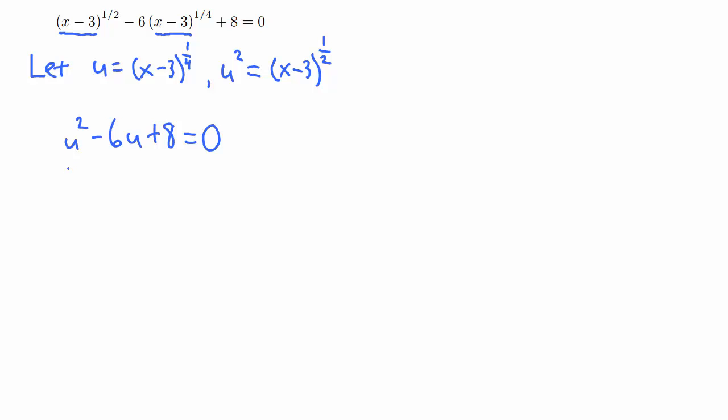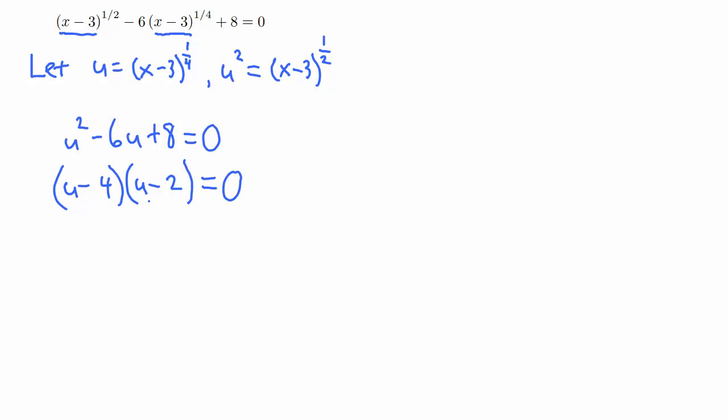The easiest way is probably factoring. So if I factor this, I need a u here and a u here. This plus means they are the same sign, and this minus tells me what sign they are, so they're both minus. What multiplies to 8 and adds to 6? Well, that's 4 and 2.